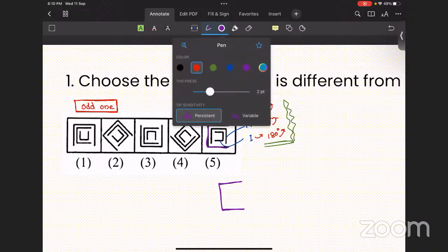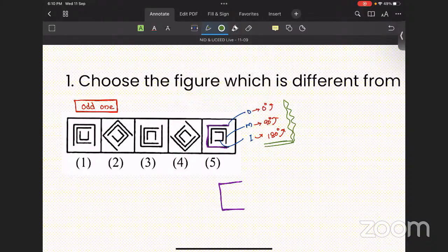Next is the middle element. So this is the middle element, and let me take the coordinates. We are going to take a coordinate system. I'm just going to redraw that. Now it is focusing towards downward direction.